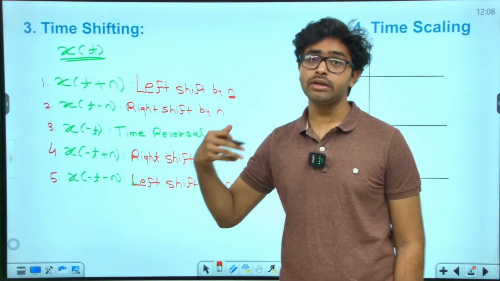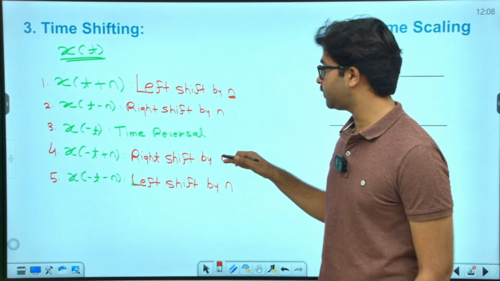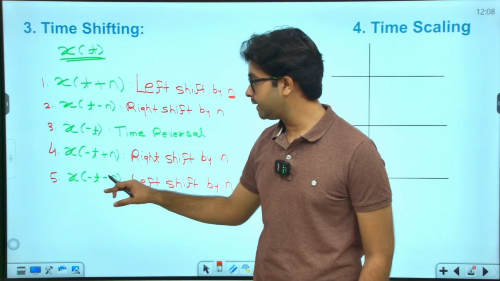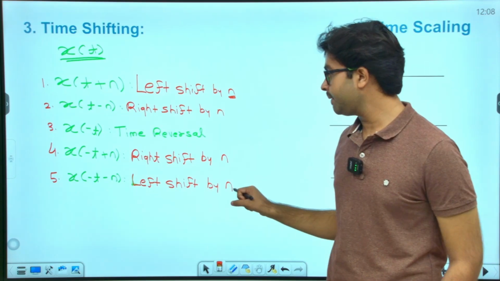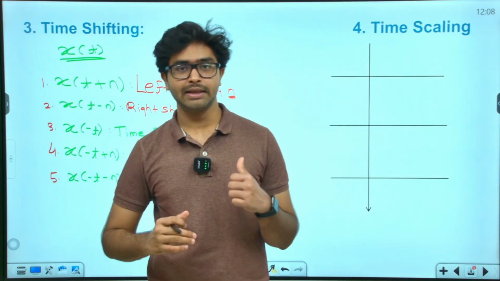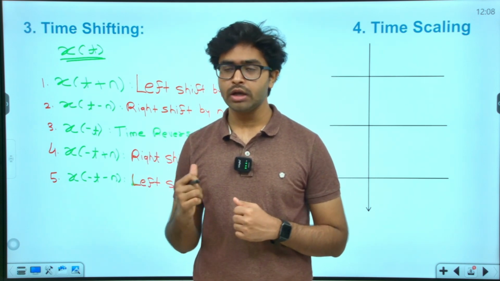But once I reverse that signal, then x of minus t plus n will be a right shift by that specific n units, and x of minus t minus n is the left shift by n units of the folded sequence. We will see with examples once we start the discussion of examples related to the operations on time.